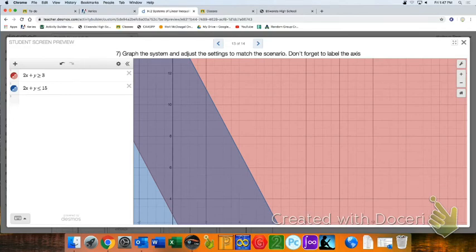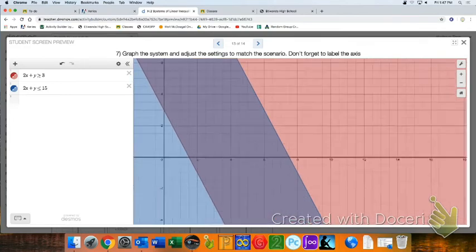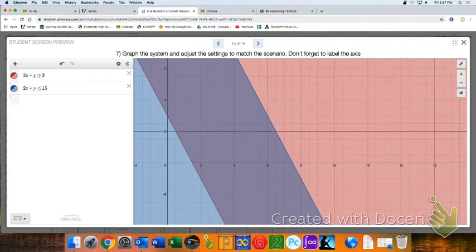Mine doesn't go up to 15. Okay. It has an x-intercept of what? 7.5. Yeah. And then up to like 15. It's going to go something like that, approximately. And the shaded region, or the purple part, is between there.